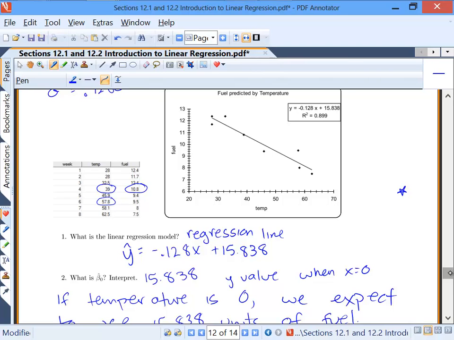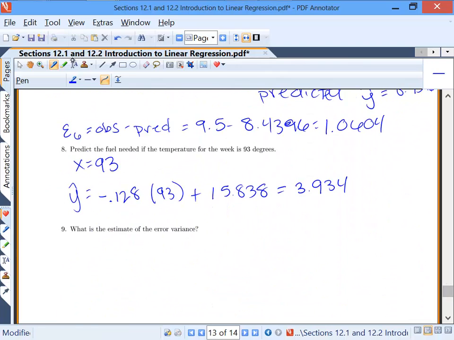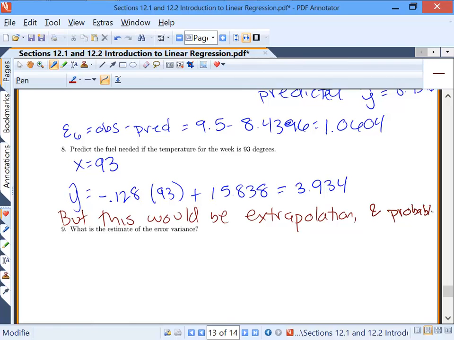And so I think that this value might have been extrapolation. So this would be extrapolation and probably inaccurate.